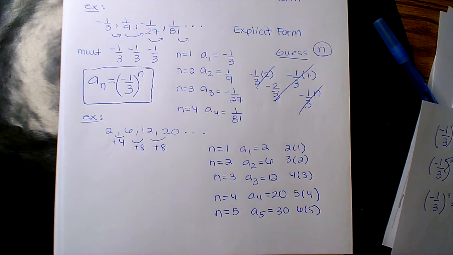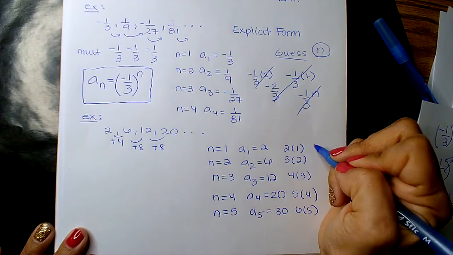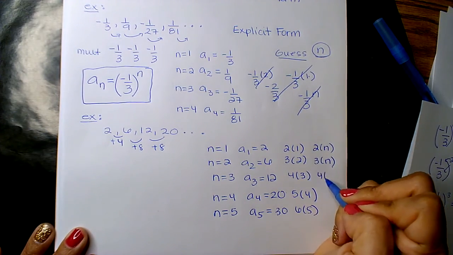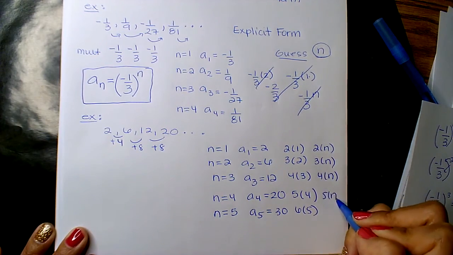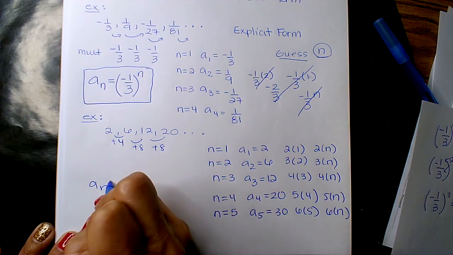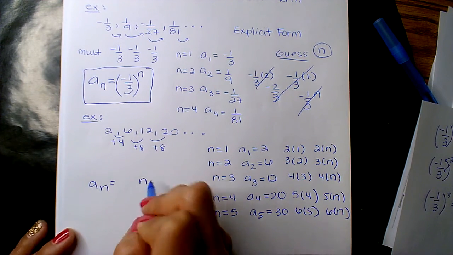Okay, you know the n, so what's in parentheses, that's my n variable, right? So far I know that it's like 2n, 3n, 4n, right? So far I know I have something and I have an n here.